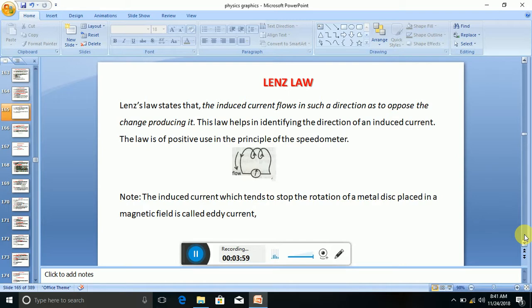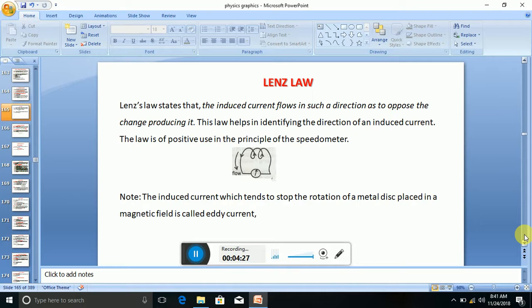So those are the three factors that determine the magnitude of the induced EMF or current. Now let's look at Lenz's law. Lenz's law states that the induced current flows in such a direction as to oppose the change producing it. This very induced current that you produce in electromagnetic induction flows opposite to the change in magnetic flux that is producing it.